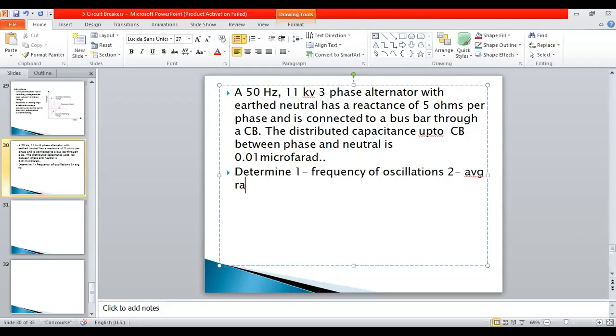I'll write RRRV directly, which means rate of rise of restriking voltage up to the first peak.